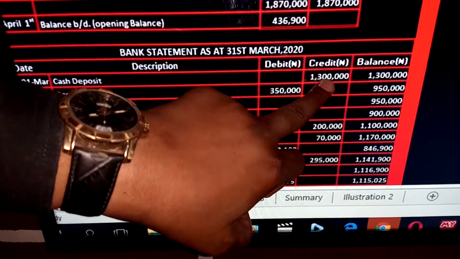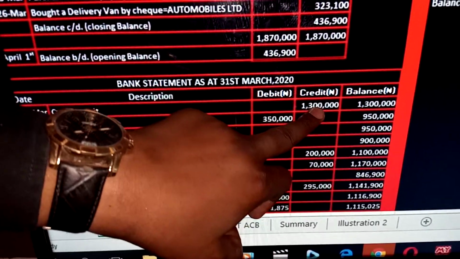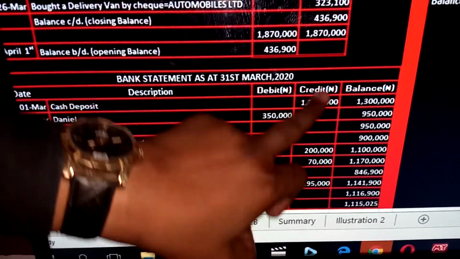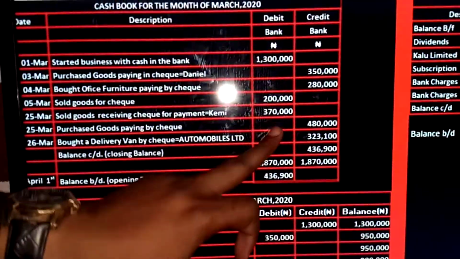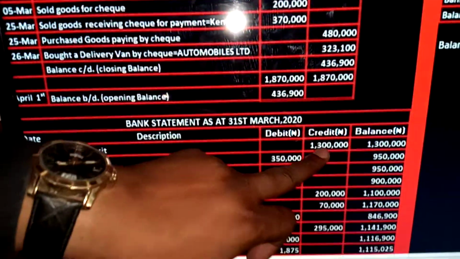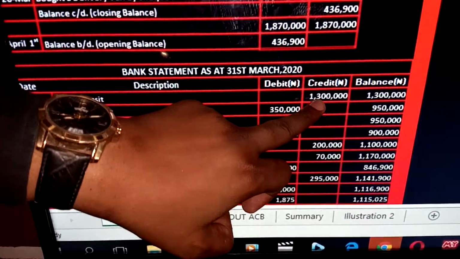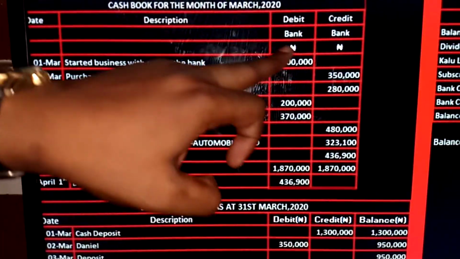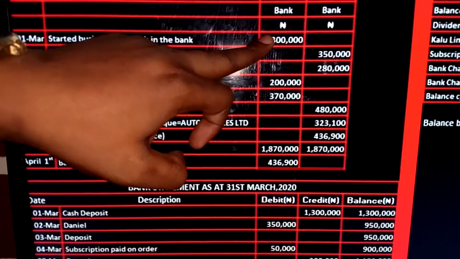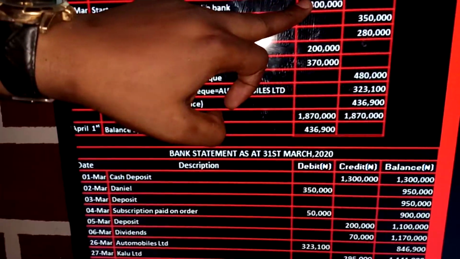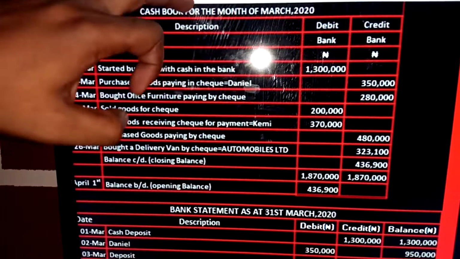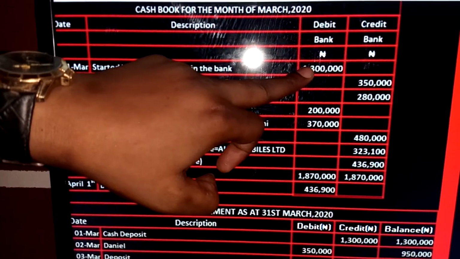I have 1.3. Remember I said anything in the credit side there must be in the debit side of the cash book. So 1.3 is in the credit side of the bank statement. Is it in the debit side of the cash book? Yes, this is the cash book. It's in the debit side.